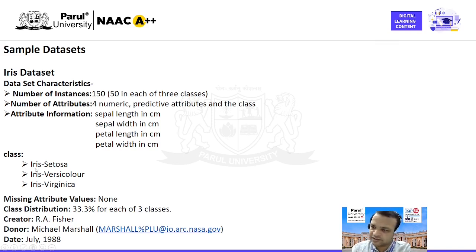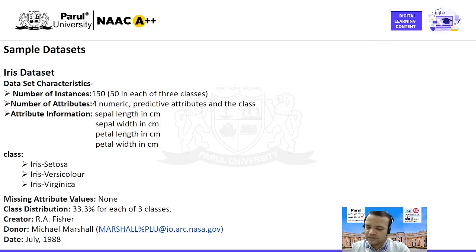Other information of the iris data set, the classes: there are 3 classes, iris setosa, iris versicolor, and iris virginica. Missing attribute values: none. There are no missing values, and the class distribution is 33.3% for each of the 3 classes, equally divided.